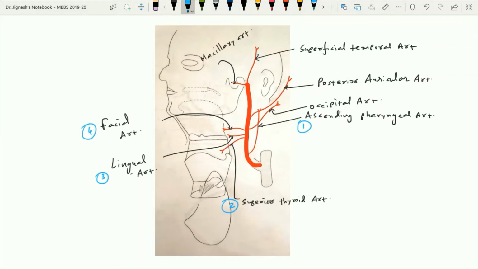Two branches from the posterior aspect are the occipital artery and posterior auricular artery, and the two terminal branches are the maxillary artery and superficial temporal artery. So there are eight branches arising from the external carotid artery. Now let's see the detailed description of all the branches of this external carotid artery one by one.